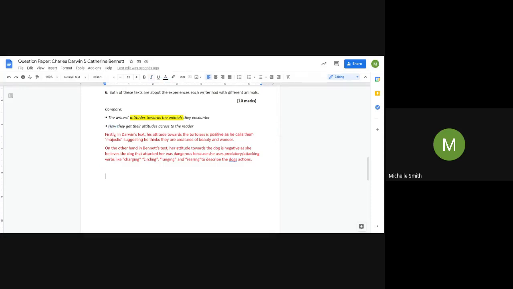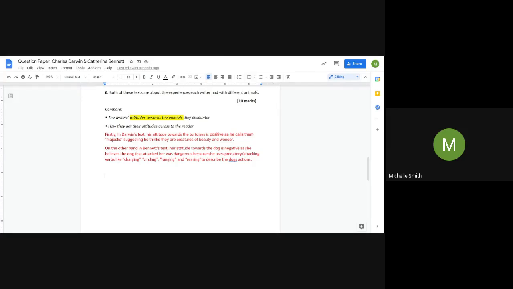And then go back to Catherine Bennett's text. What else does she think about that dog? Once you've done that, that's 4 marks already, isn't it? For 4 different points, and you've got both different texts. And remember, it's a 10-mark question, so our goal again is 6 to 8 different points supported by quotes. Just please make sure that you support everything you say with a quote, otherwise you can't get a mark for it.